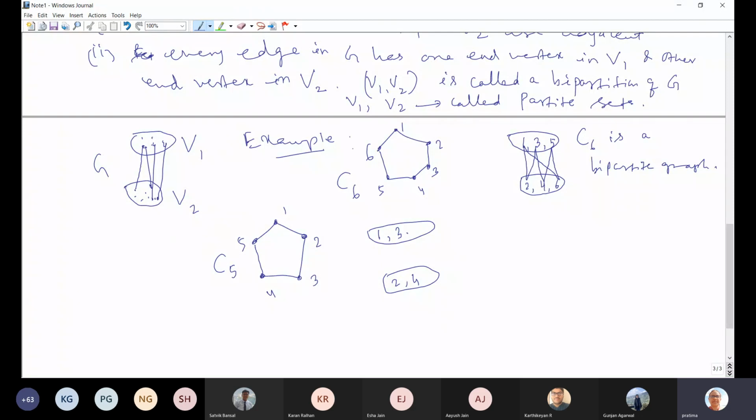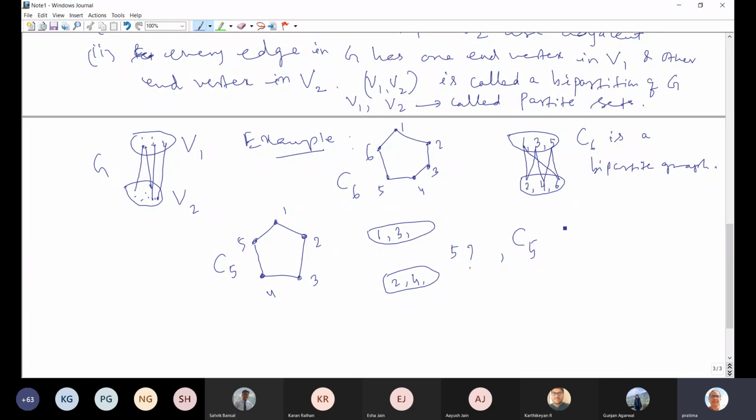What about 5? 5 is adjacent to 4, so we cannot put it in the second part, and 5 is adjacent to 1 also. So 5 cannot be placed in either of these two parts. Therefore C5 is not a bipartite graph. We cannot have such a bipartition for C5.